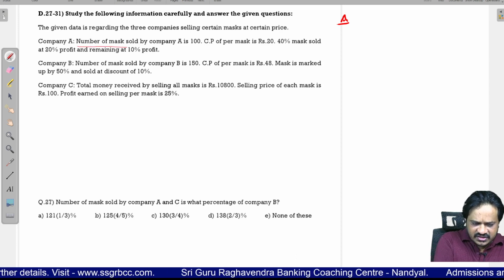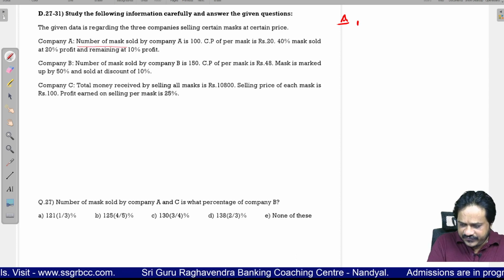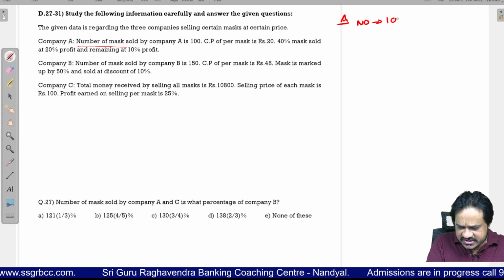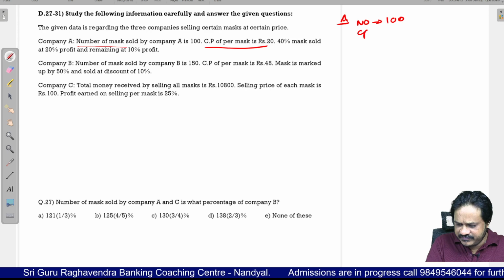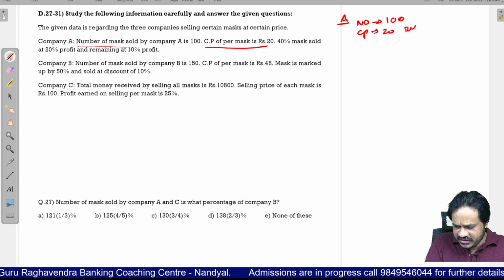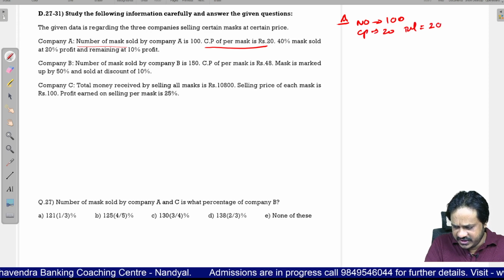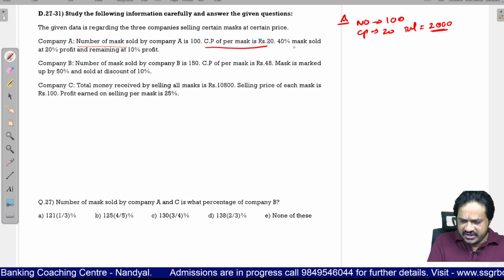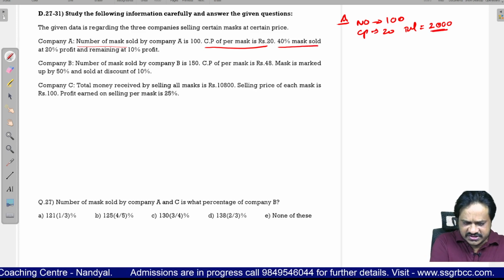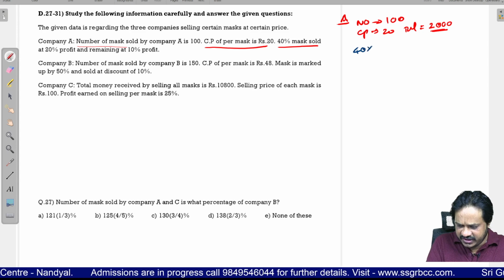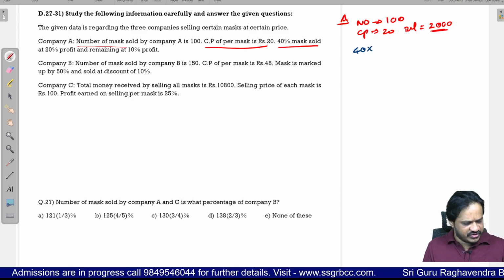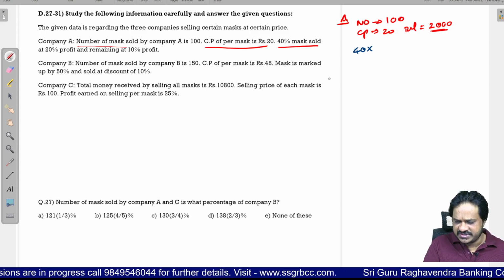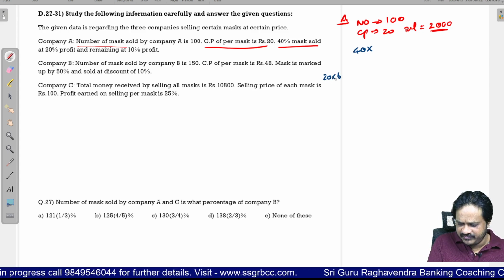A, the number of masks sold is how many? 100. Cost price per mask is 20. Therefore, total cost price will be 2000. In this, 40% of the masks means 40 masks are sold at 20% profit. So, 20% profit means cost price 20, 6 by 5, it will give 24.